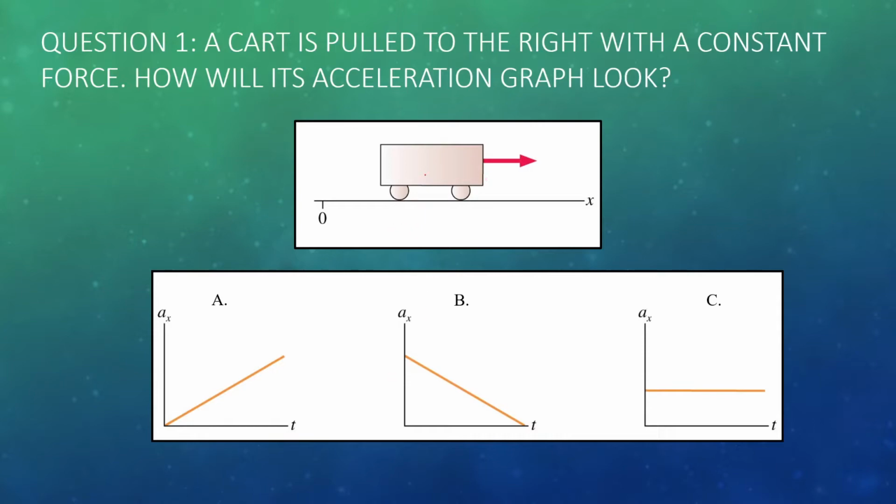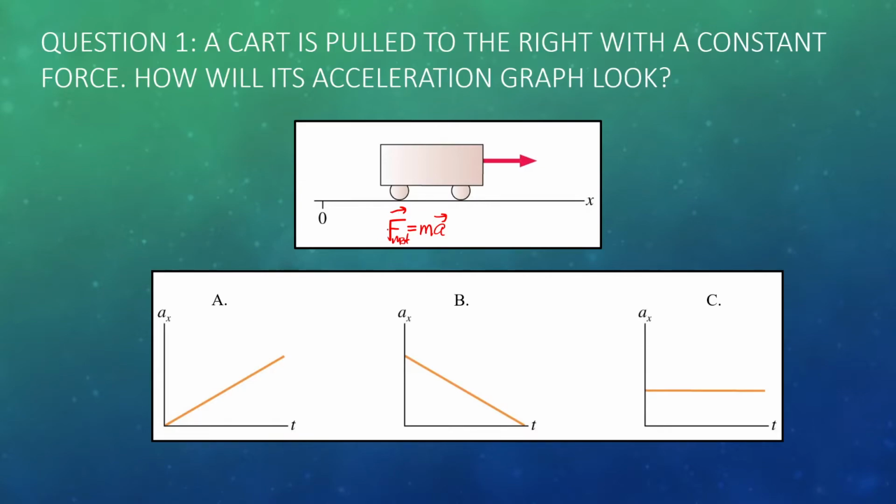Generally, what you want to do is think of Newton's second law here, which says F net is equal to ma. So with this in mind, it says that there's a constant force being applied. So your force, F, is not changing. Well, we know mass isn't changing.